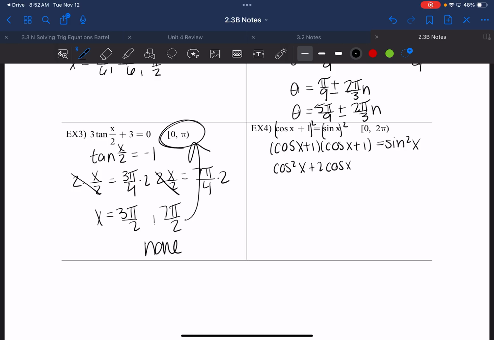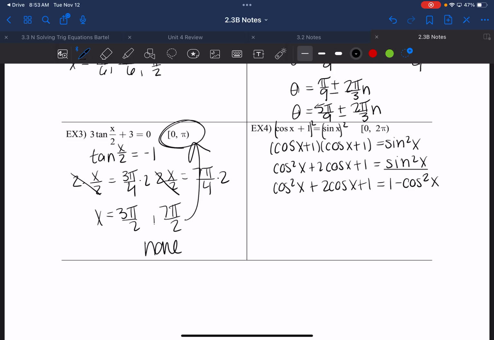And then 1 times 1 is going to give us 1 equals that sine squared of x. What am I allowed to replace sine squared of x with? 1 minus cosine squared. So then I'd have cosine squared plus 2 cosine plus 1 equals 1 minus cosine squared of x.